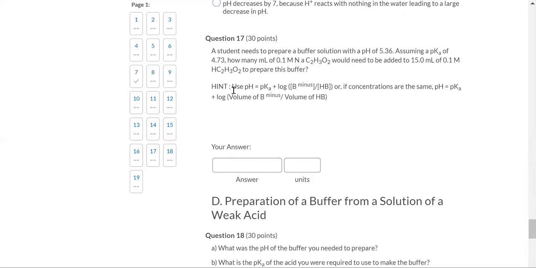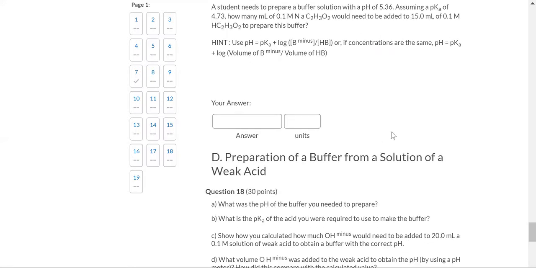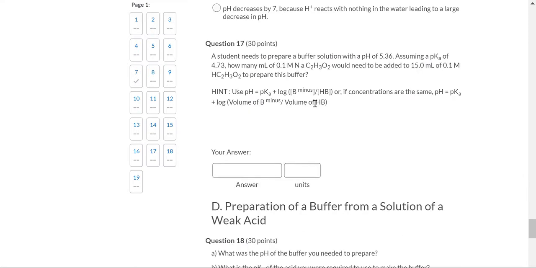So literally you will use this equation: pH, put the pH of 5.36 right here, equals 4.73 plus log of the volume of B minus, which you don't have, you're looking for, but you have the volume of HB, which is 15. And then you just solve for the B minus volume here, and you put your answer right here, okay? So please make sure you use the correct calculation, correct formula. This one is just follow this formula here.